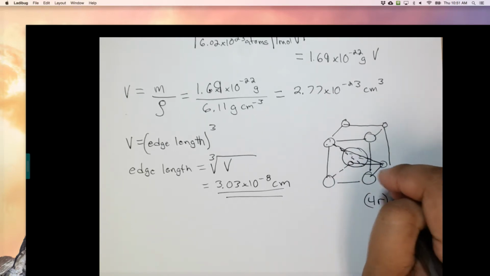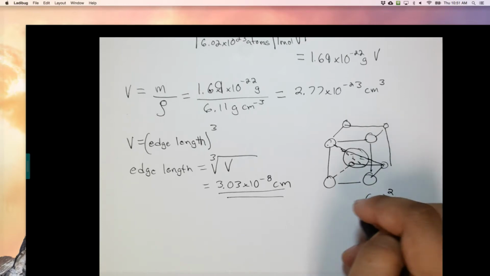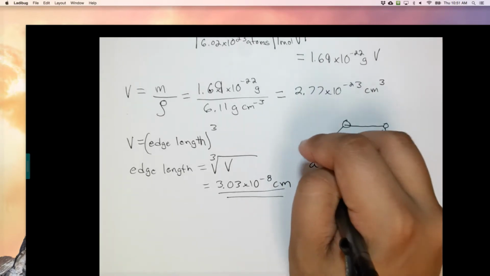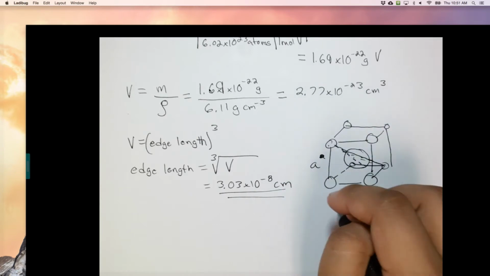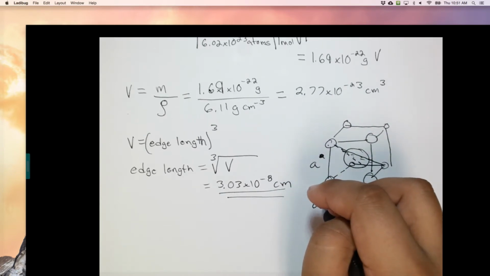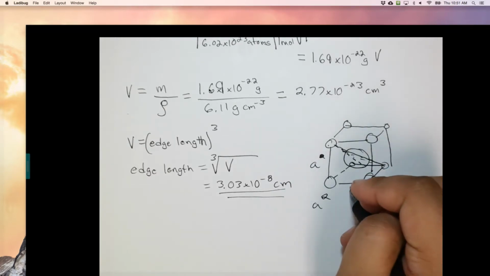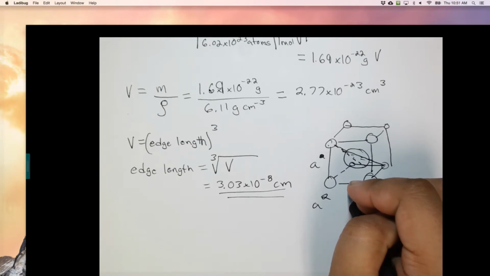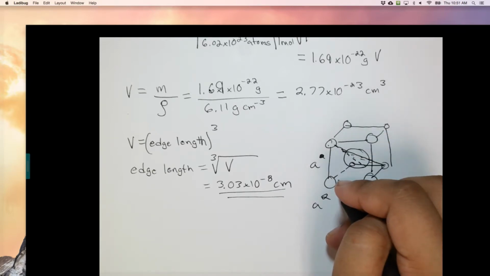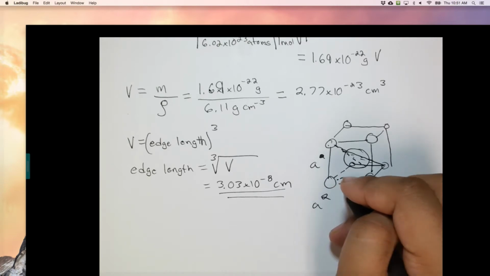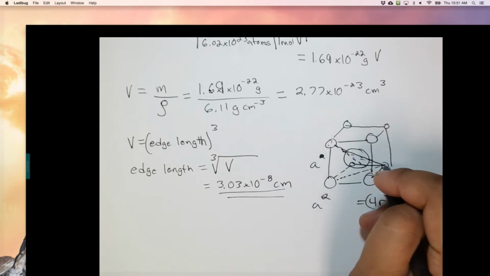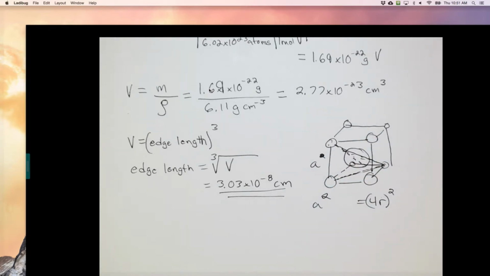So therefore, 4r squared is equal to, if A is the edge length, and we already know that value, A squared plus what we need to find, which is the flat diagonal across the bottom face of the cell.